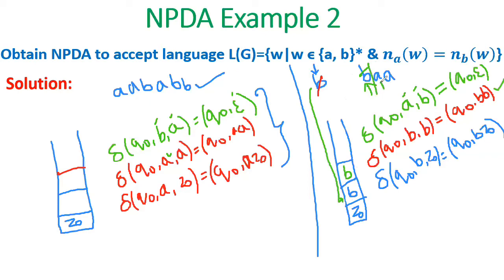What is the next symbol you have? A is the next symbol you have. And what is on top of the stack? B is on top of the stack. So using this transition, you will pop the B with its equivalent A. Again, by using the same transition, you can pop one more B which is on top of the stack with its equivalent A. So you can see the stack is empty, the string is empty.